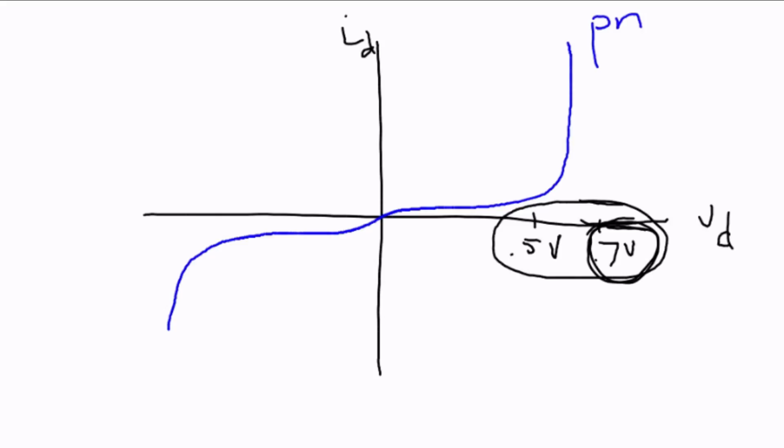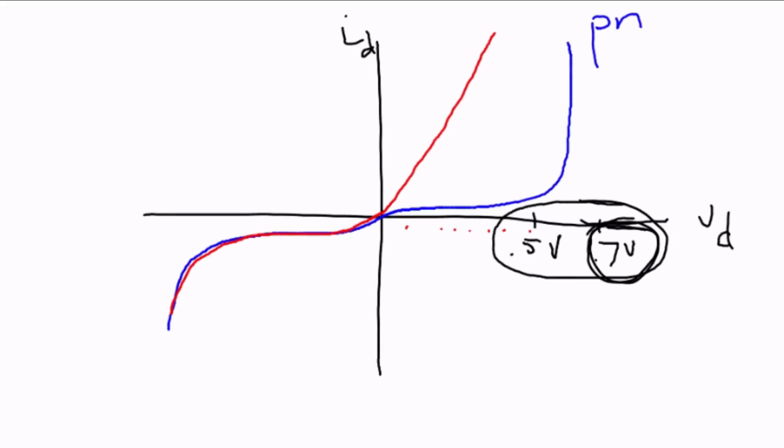For the Schottky, on the left-hand side, it's going to look pretty similar, but the biggest difference is here, where when it has a forward bias, when you've got positive voltage across the Schottky diode, you're not having to wait to get to these voltages before you get a significant current through the diode.